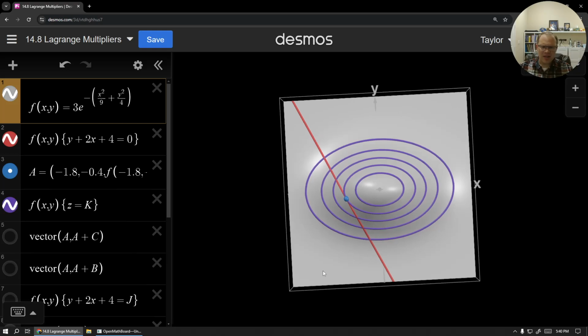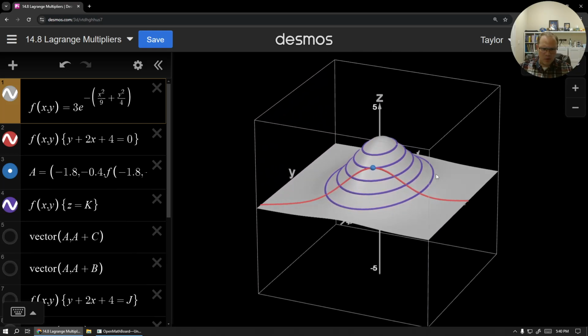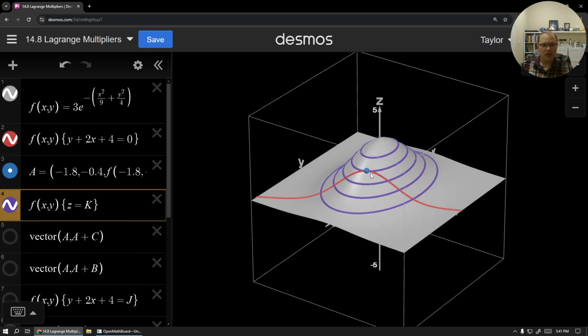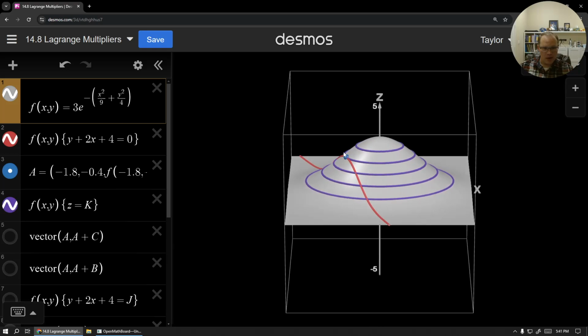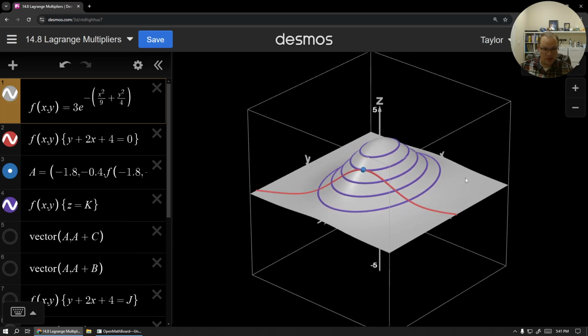Why is that? Well, where you reach your maximum must be the highest value of z that the constraint equation reaches. So you must go right and approach that level curve, and then you have to go back down. Because if we go past the level curve, that means we're going to higher function values, higher values of z. We're going further up the edge of this surface.